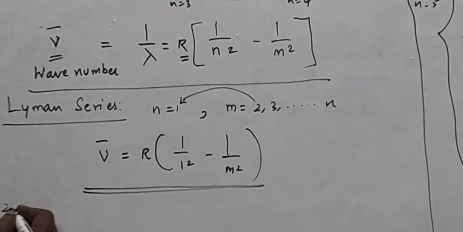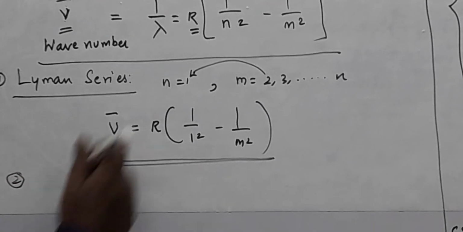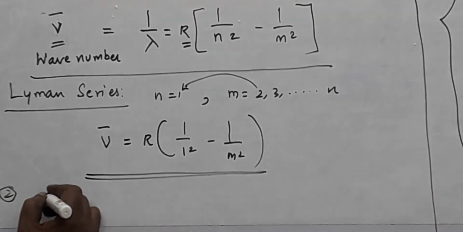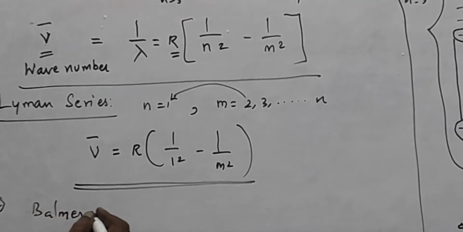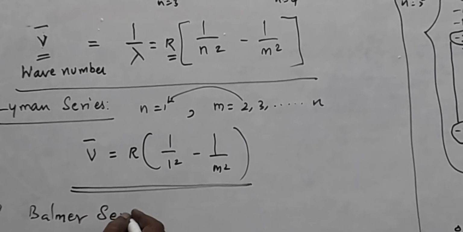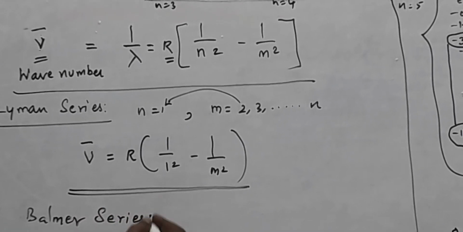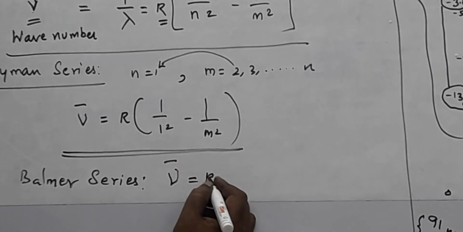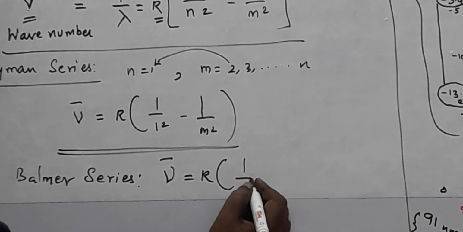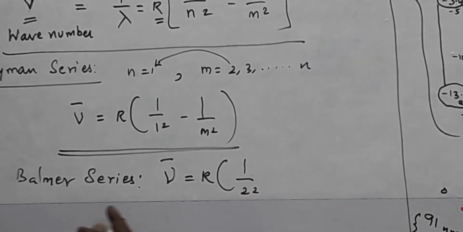The second one is called Balmer series. In the same way, with the same equation, nu bar is equal to R into 1 by 2 square minus 1 by m square.